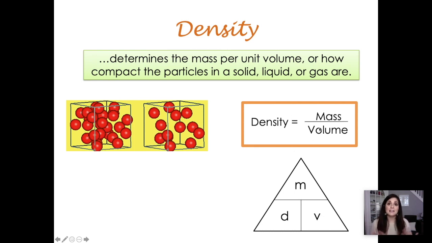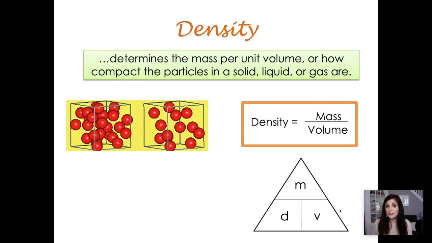However, you might not be asked to find the density. A problem might ask you, what's the mass of a sample given the density and the volume? If you use this triangle, you'll cover up the mass with your finger. So if you want to find mass, mass is equal to the density times the volume. So D times V, because they're next to each other in this triangle.